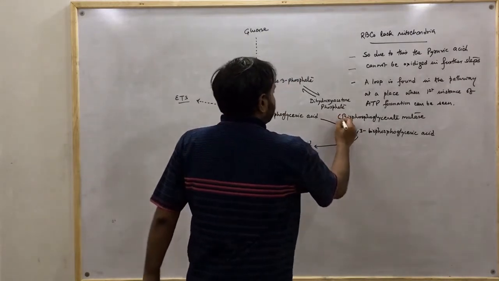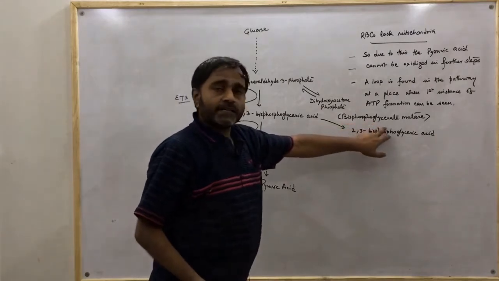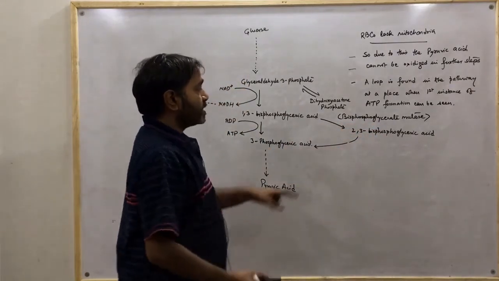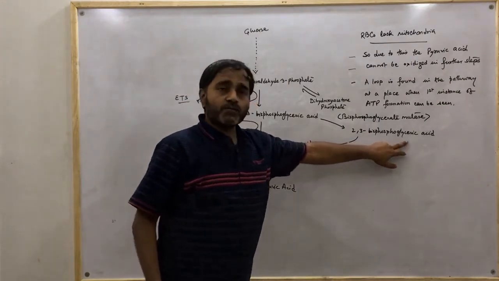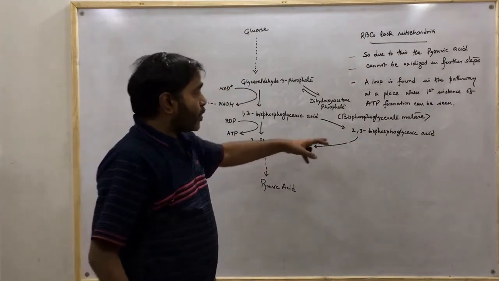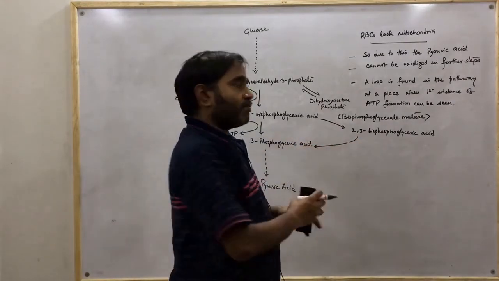I am just putting the bracket for the enzyme so that you may understand it clearly. And what enzyme will work at this position, in the conversion of 2,3-bisphosphoglyceric acid to 3-phosphoglyceric acid? Here the removal of phosphate is occurring, so phosphatase will work.